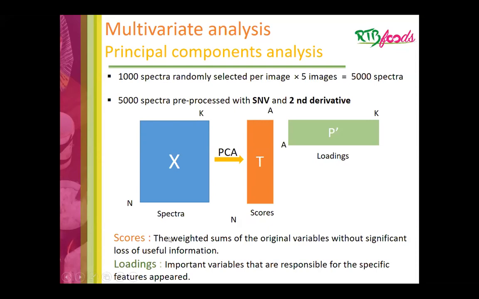The score matrix contains the weighted sums of the original variables without significant loss of useful information. And the second matrix resulting from PCA is the loading matrix. The loading matrix contains important variables that are responsible for the specific features appearing in the data.